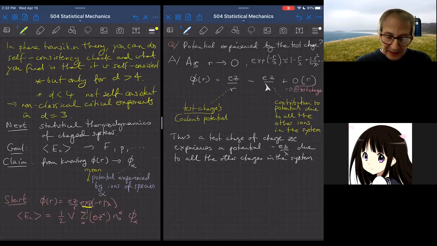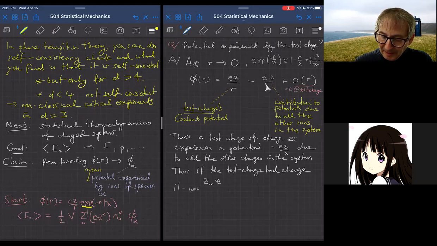So that means that if now the test charge had charge Z alpha, Z alpha E, it would experience a potential of minus E Z alpha over lambda.